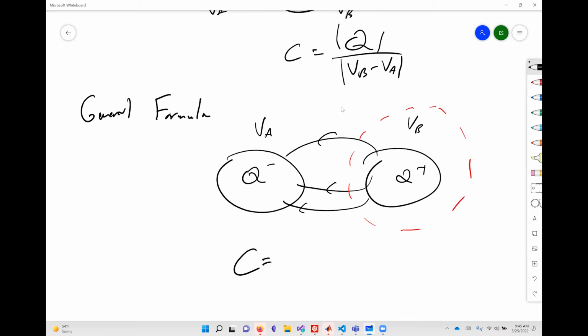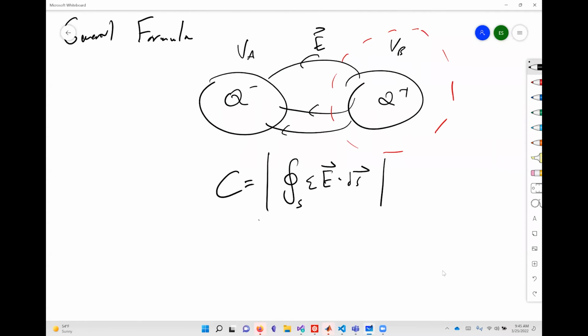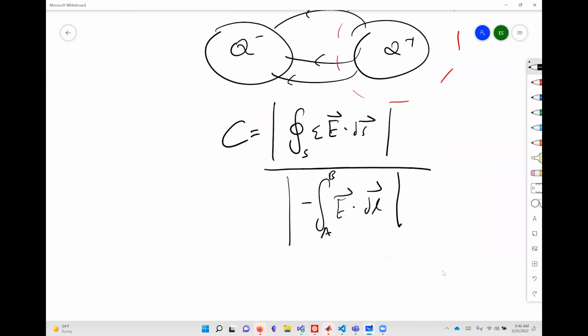So C is going to be the total charge, which is the integration over the Gaussian surface of epsilon E, the field, dot dS, magnitude, over the voltage from A to B, which is minus the integration from A to B of E dot dl, magnitude. Okay, so this is a general formula.